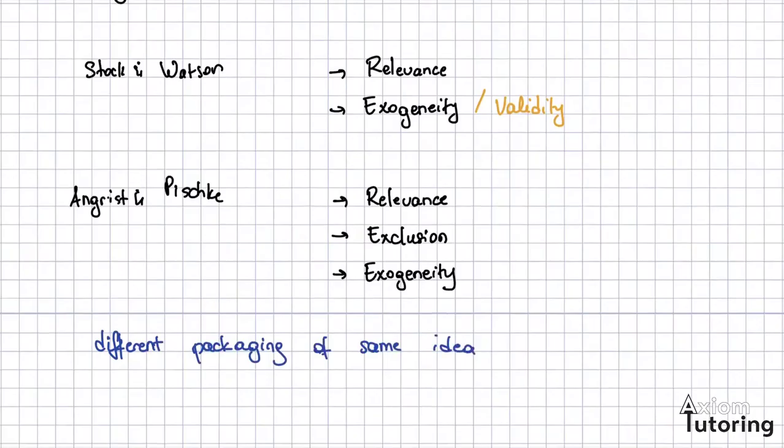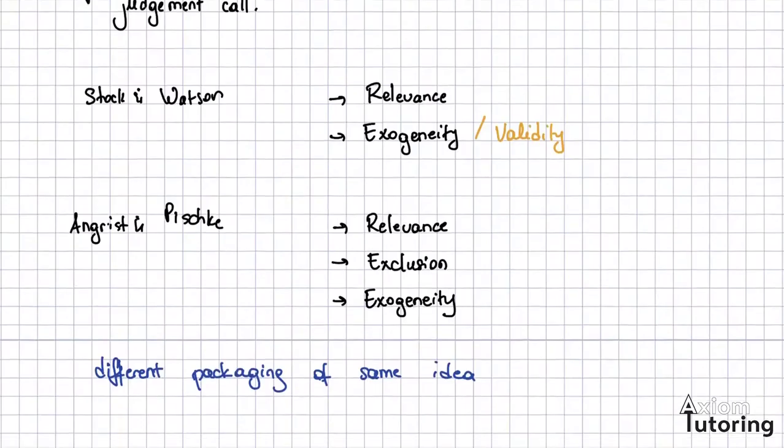In the two-condition version, exogeneity implicitly contains both the exclusion restriction and independence from omitted factors. So they're bundled together. In the three-condition version, these two ideas are separated explicitly, but both framings lead to the same requirements for a valid instrument.